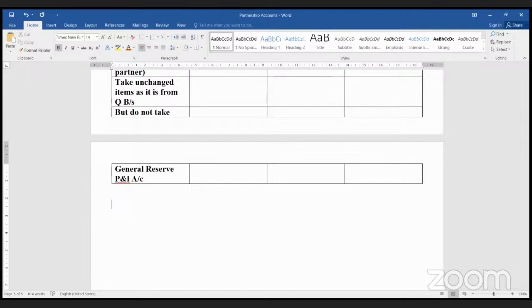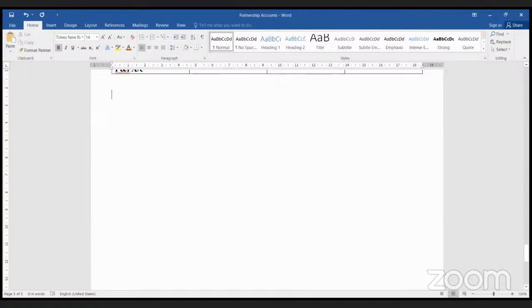Branch accounts we didn't do. What do you say, children? Shall I? Okay, not one. So I'm going with the departmental accounts once again because it is a scoring topic and easy to remember.